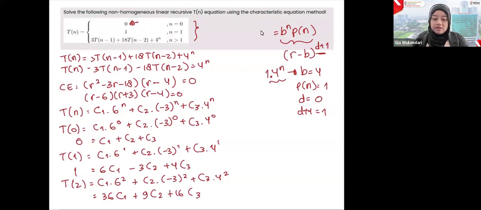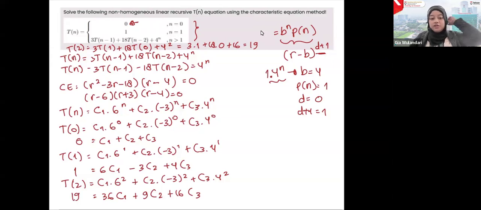And T2 itself, based on the recurrence, means 3T1 plus 18T0 plus 4 squared. It means T2 is equal to 3 times T1, which is 1, plus 18 times 0 plus 16. So it will be 19.